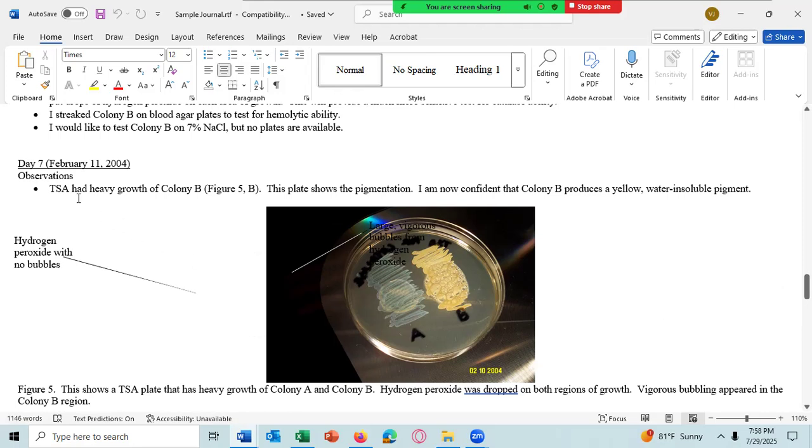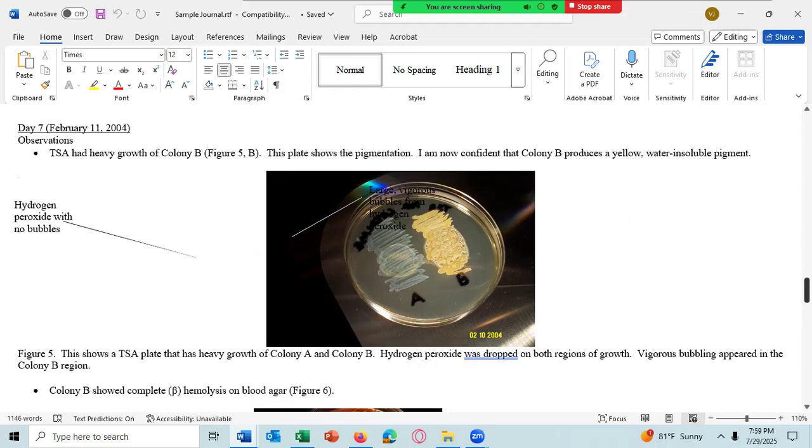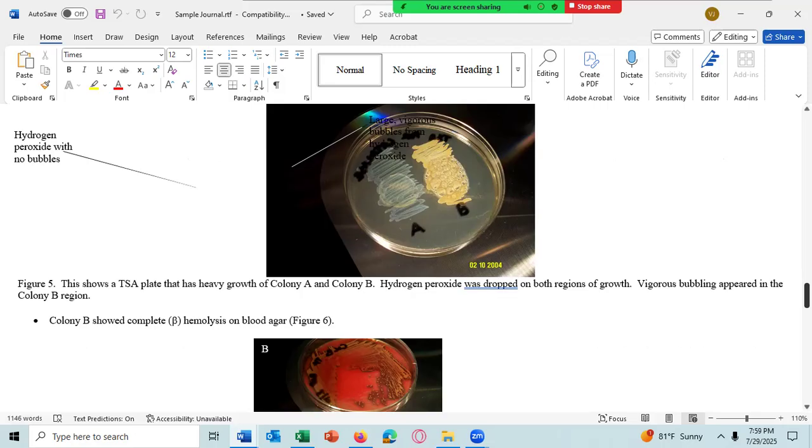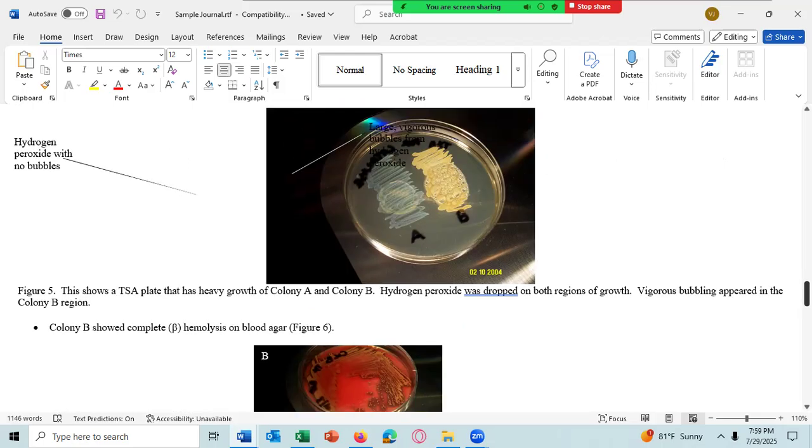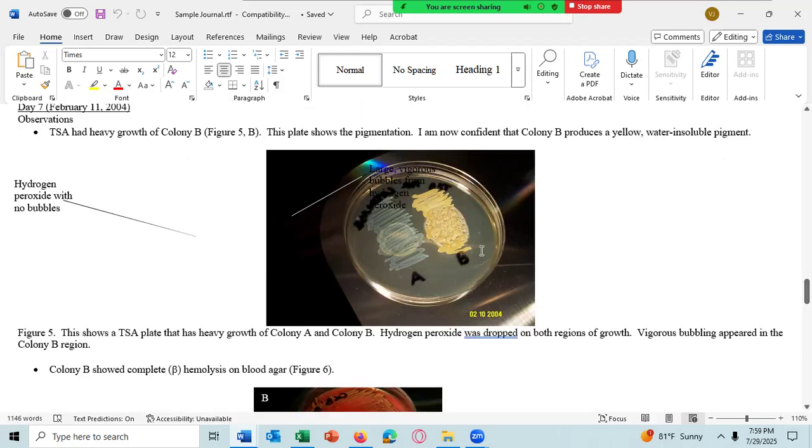His observations were on a test that he requested on an earlier day, and then he got the results back, and he found heavy growth of colony B. The plate shows pigmentation, and so colony B is yellow, and it's pigmented. And so that should be in the conclusion that colony B is pigmented.